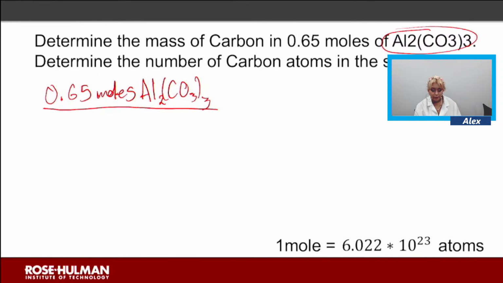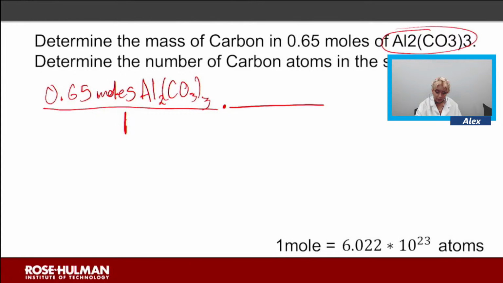We'll put that over 1. For this specific compound, we have 3 carbon atoms for every, let's see, we have 2, 3, and 9, so 14 atoms total.